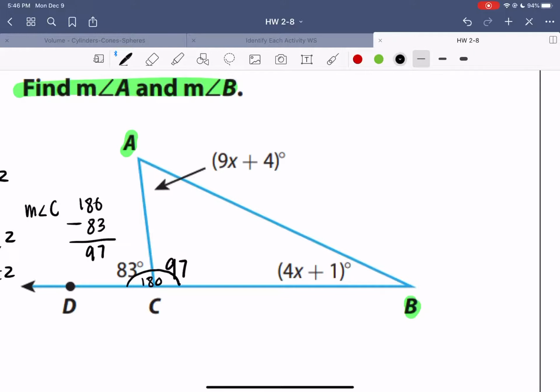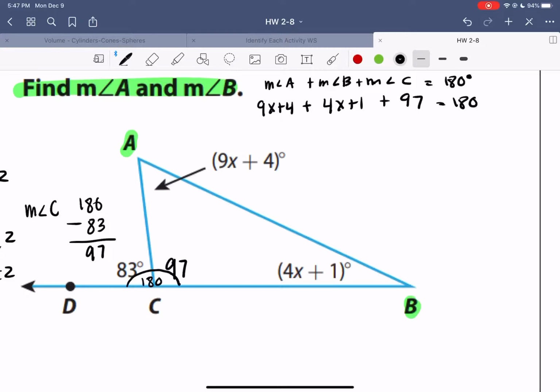So that's going to help us because for a triangle, we have the measure of angle A plus the measure of angle B plus the measure of angle C equals 180 degrees. So from there, we can just substitute 9x plus 4 plus 4x plus 1 plus 97 equals 180. First step, we have to combine our like terms.